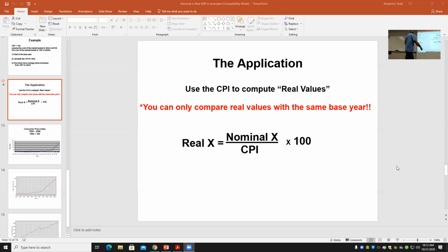Calculate the real wage for 1964, the real wage for 2012, and then tell me, are we better off or worse off, and by how much? I'll give you 10 seconds.